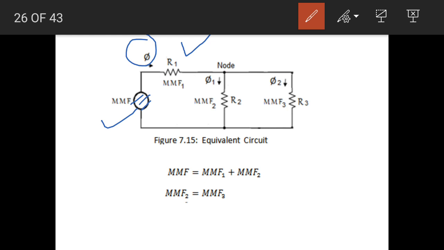The reluctance of the central limb of this magnetic circuit is represented by R2, and the magnetic flux in the central limb is phi 1 Weber. Similarly, the reluctance of the right limb of the given magnetic circuit is R3, and the magnetic flux in this particular limb is phi 2.